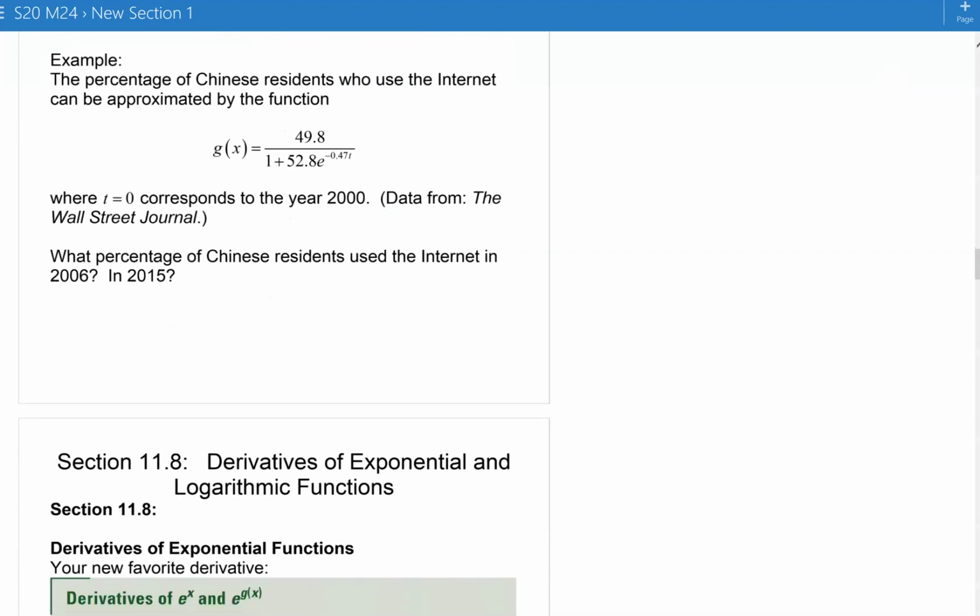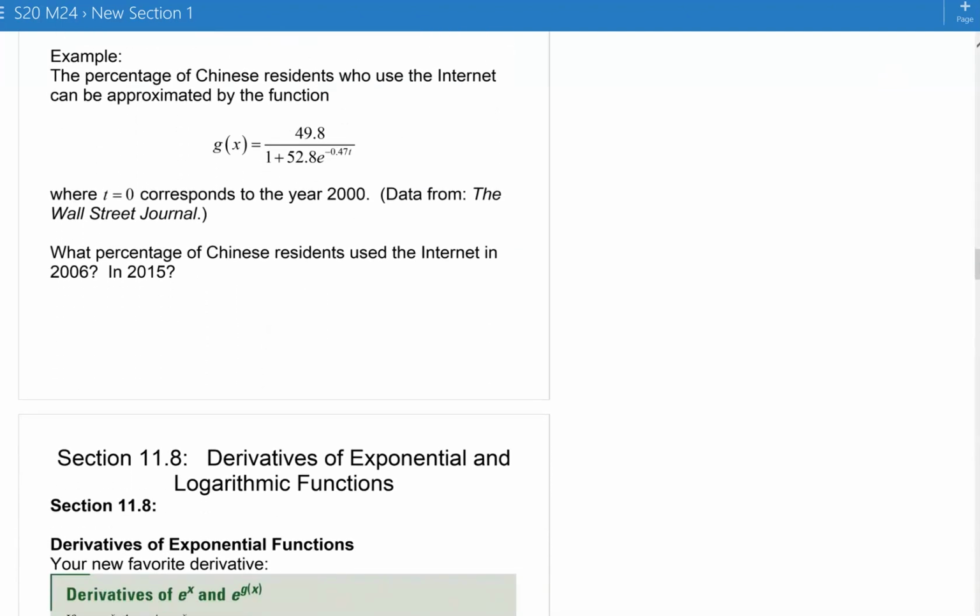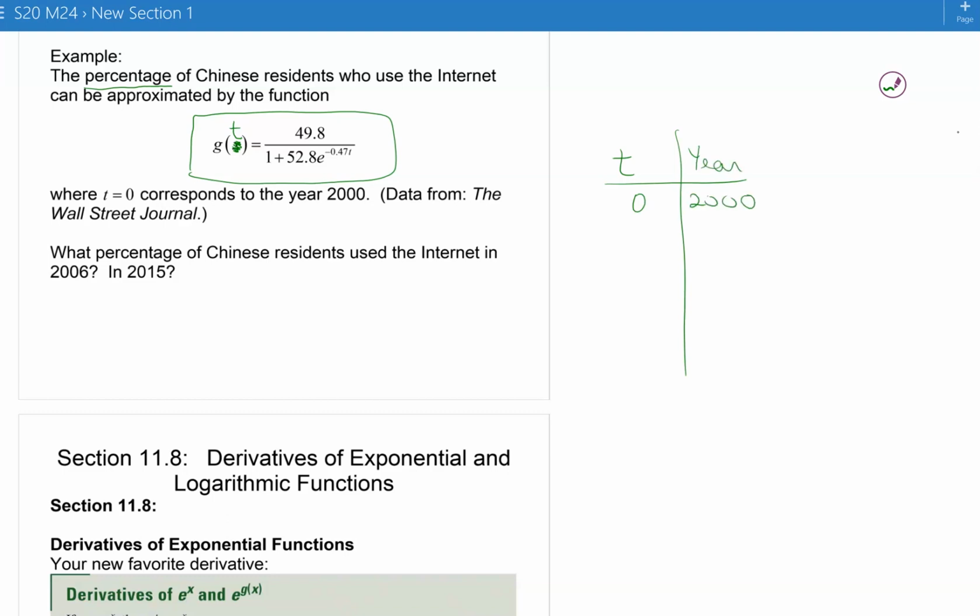So let's look at an example where we have the percentage of Chinese residents who use the internet is approximated by this function, and this should be a t, sorry, where t equals 0 corresponds to the year 2000.